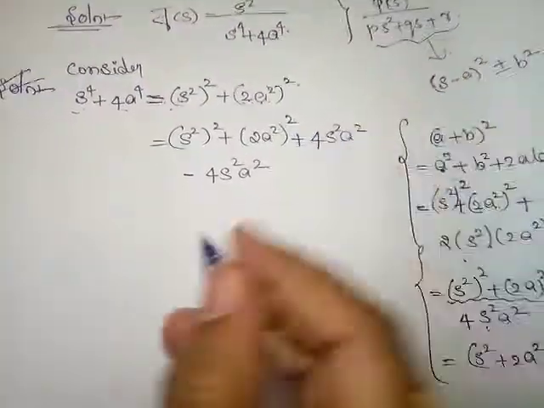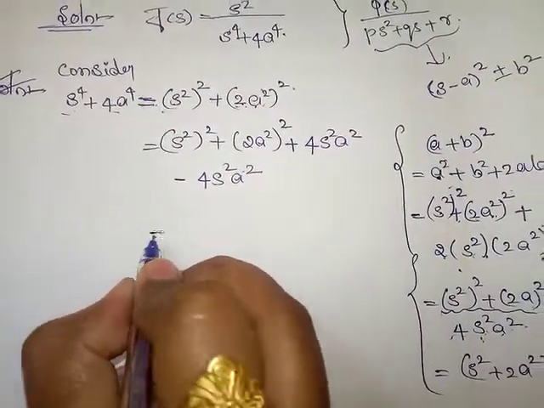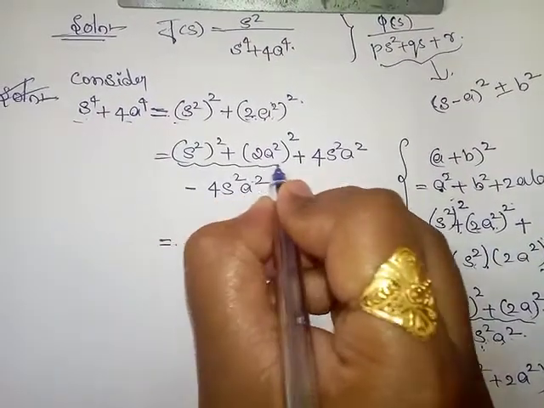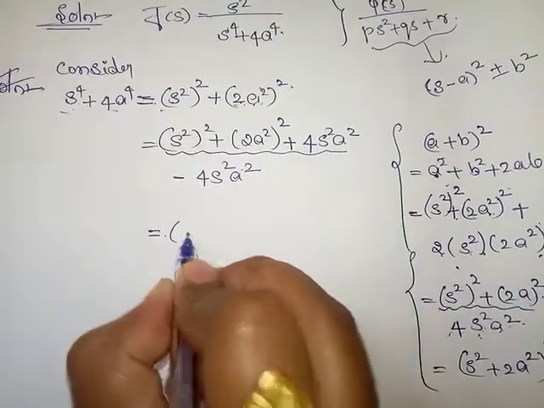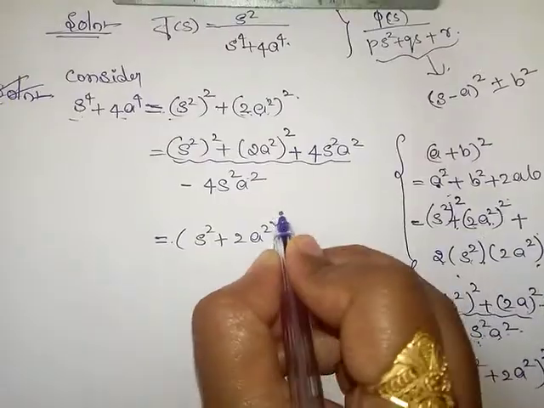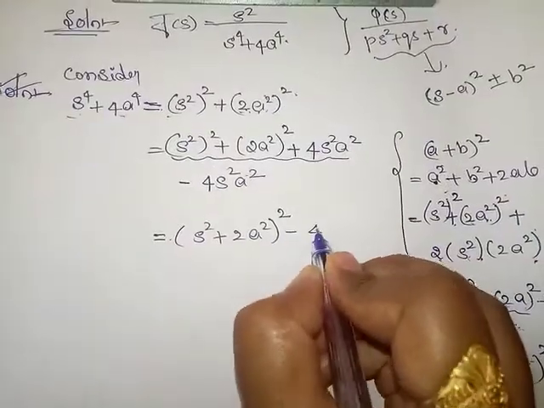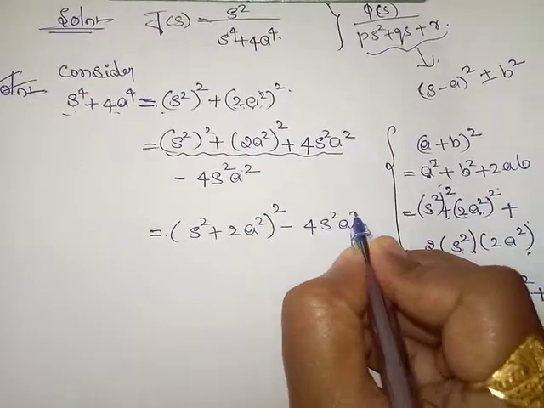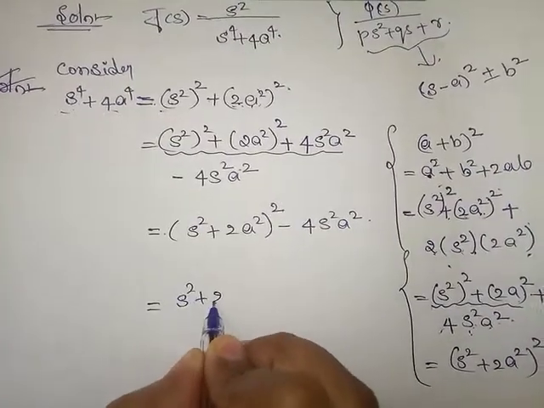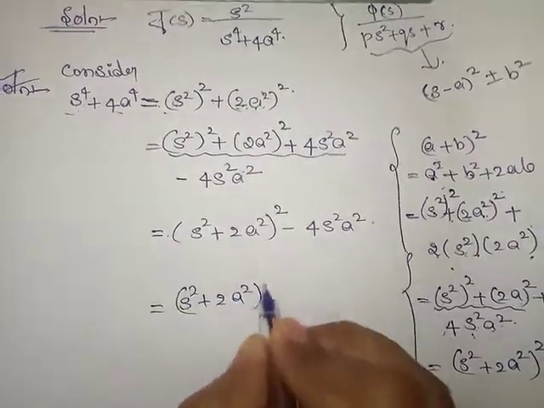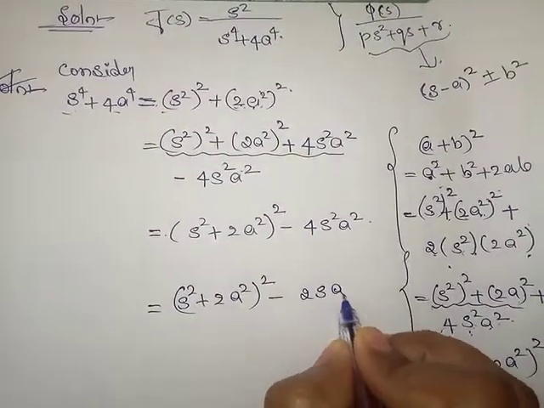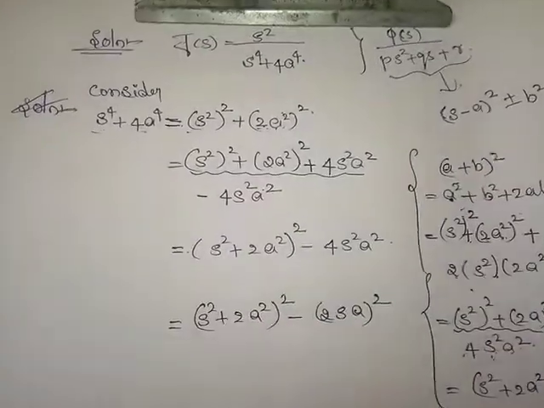These three terms give us s square plus 2a square whole square, and minus 4s square a square as it is. This can be written as s square plus 2a square whole square minus 2sa whole square.